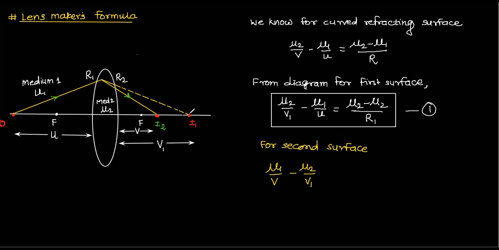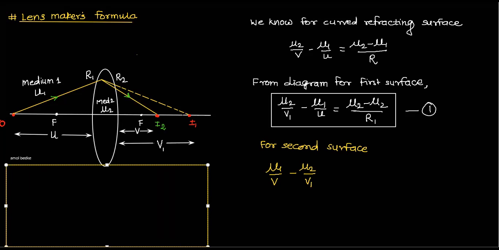This is the object for the second surface. Keep it in mind. O is object for first surface, I1 is object for second surface. Okay, shall I write that also here? Wait, I will make one box here and I will write so that you will understand what is happening here.